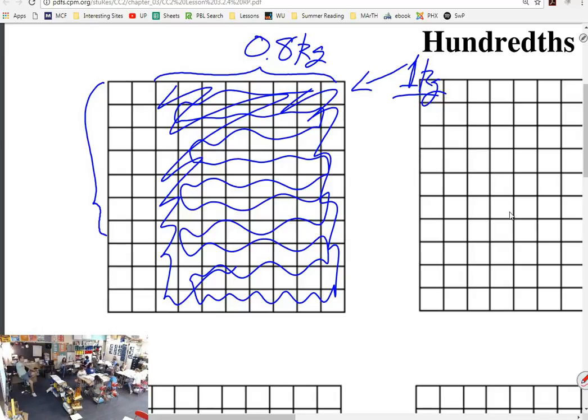Because what we're talking about is 8/10 of a kilogram, which if we shade like this, each one has to be 100. So then we want to talk about, well, what's 70% of that? Or 70 out of 100.